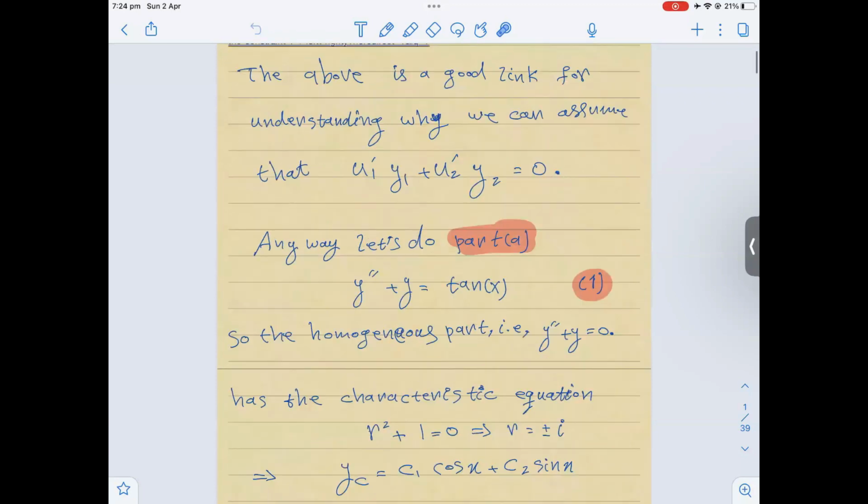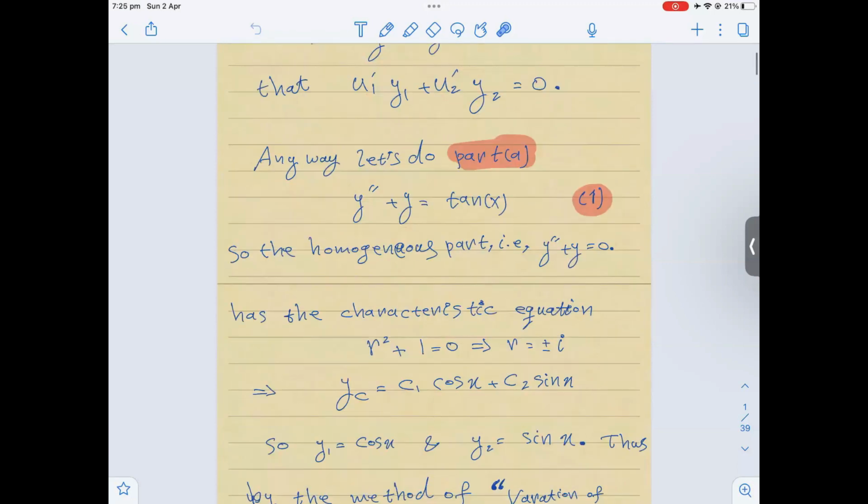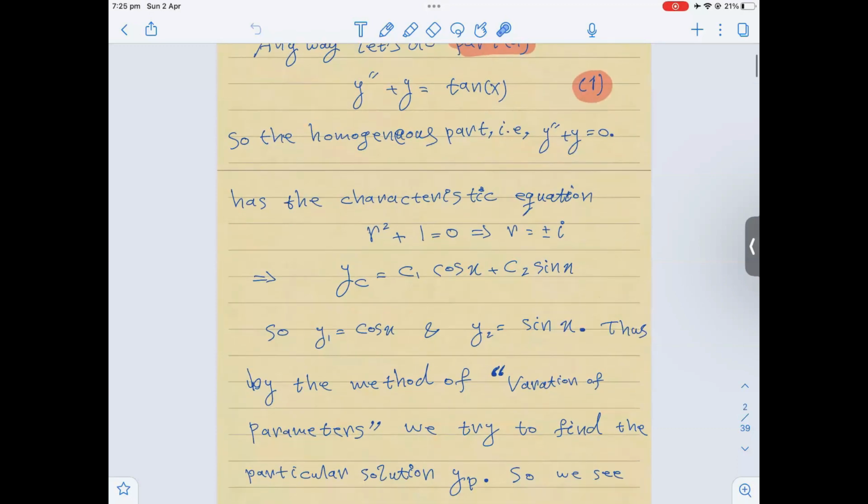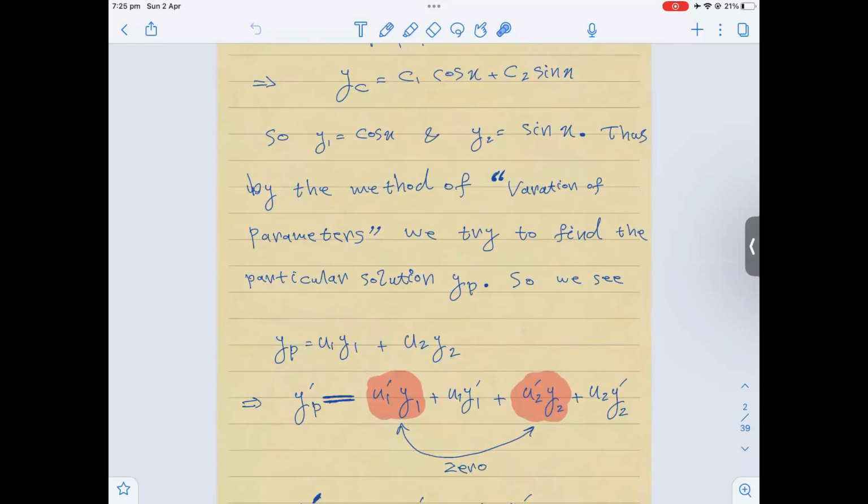Well, tan of x is the one that we are unable to handle with the classic methods which we have been taught and seen in Math2800. So what we want to use here is variation of parameters. Now, let's assume that yp is u1 y1 plus u2 y2.